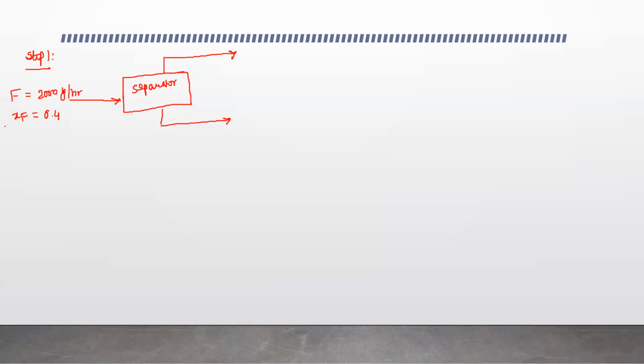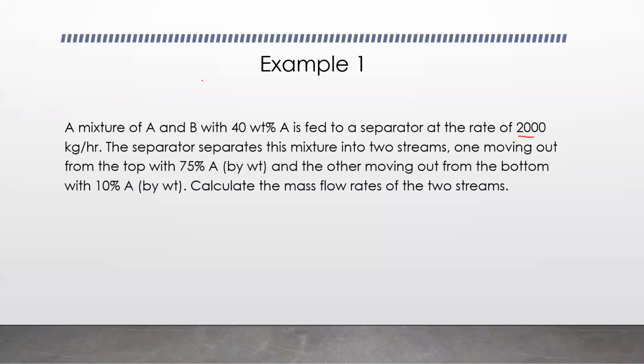For example, here we have taken mass fraction of A for XF. So while we are using X over here as well as over here, that means we are talking about mass fraction of A only, right? We are not talking about mass fraction of B. For mass fraction of B, we are going to use X dash or some other term, not X. All right, so XF is 0.4.